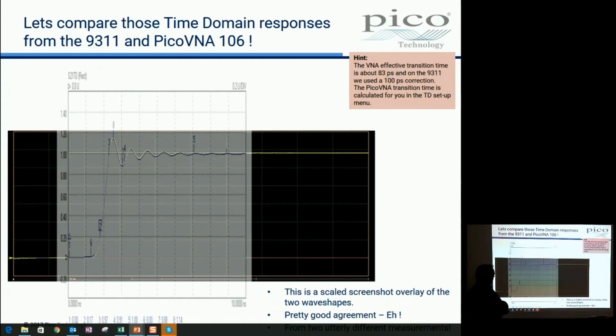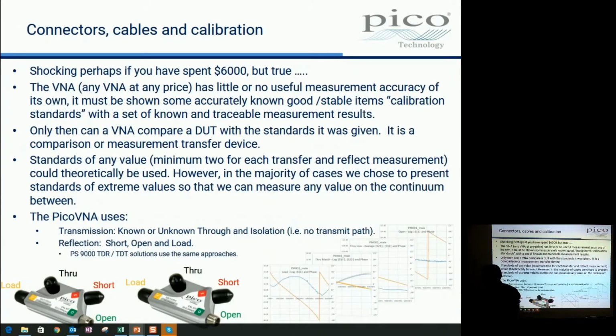But I set them to about the same, actually not intentionally, it was just luck that got me to this position. And yeah, the intercomparison is frankly amazing, I think. So the instruments can be used interchangeably. The TDR 9311 is going to be a little bit quicker in many instances, and it can get a little bit more resolution, but effectively the same, or to many users, the same.